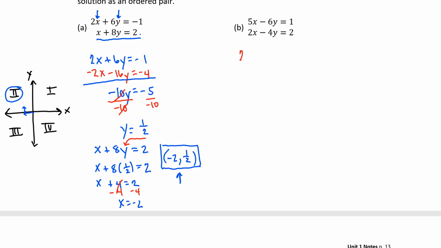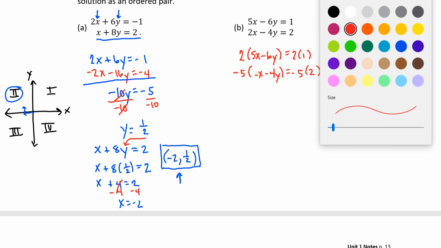We're going to multiply equation number 1 by 2 on both sides, and I'm going to multiply equation number 2 by -5 on both sides. By the way, if I had chosen to multiply equation 1 by -2, then I would multiply equation 2 by positive 5, whatever it takes to achieve opposite coefficients.